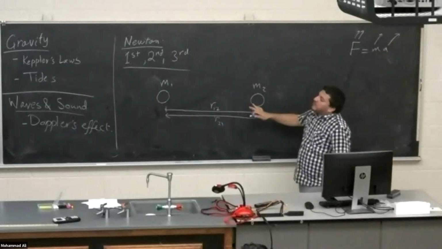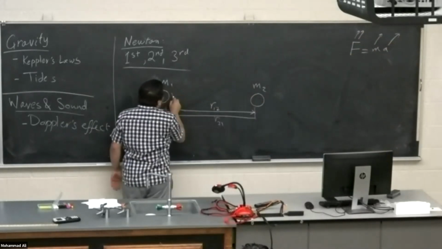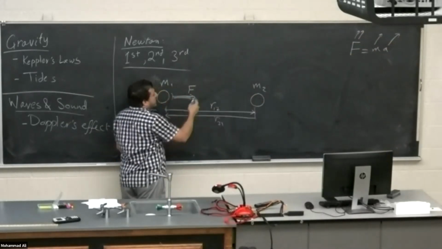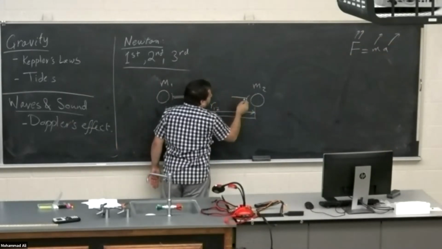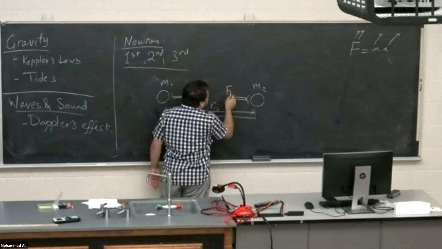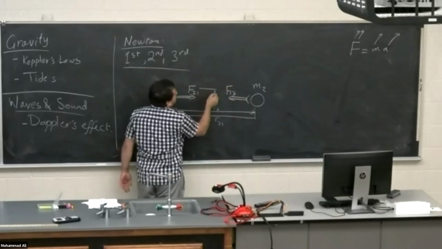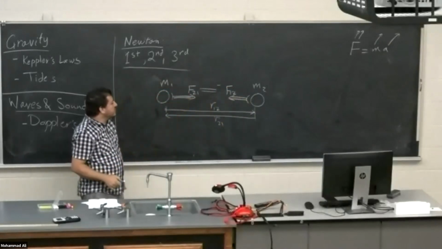Also here we have a dependence for this force, which is attractive force. We have F from 2 on 1. Also we have another force from 1 on 2. And as you know, they are equal to each other with negative sign for the direction.